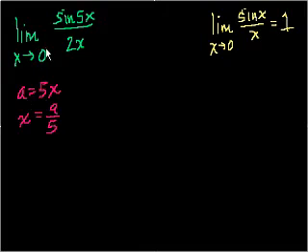As x approaches 0 here, a is also going to approach 0, right? So this is the same thing as the limit as a approaches 0. Or you could view it this way: as a approaches 0, x is still approaching 0, maybe at 1/5 the pace, but it's the same thing.